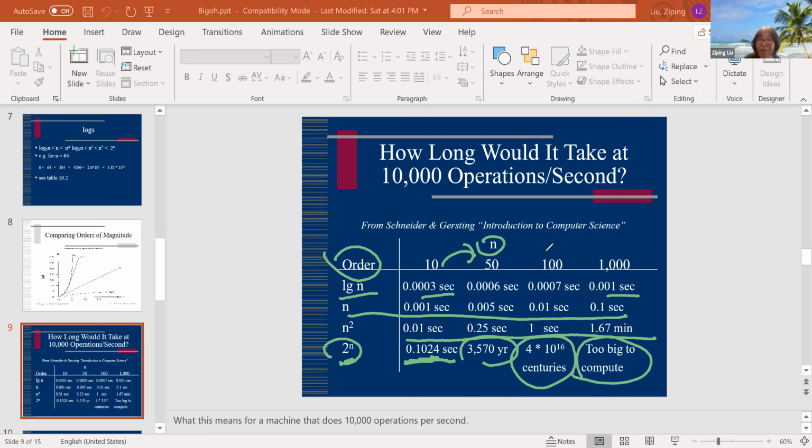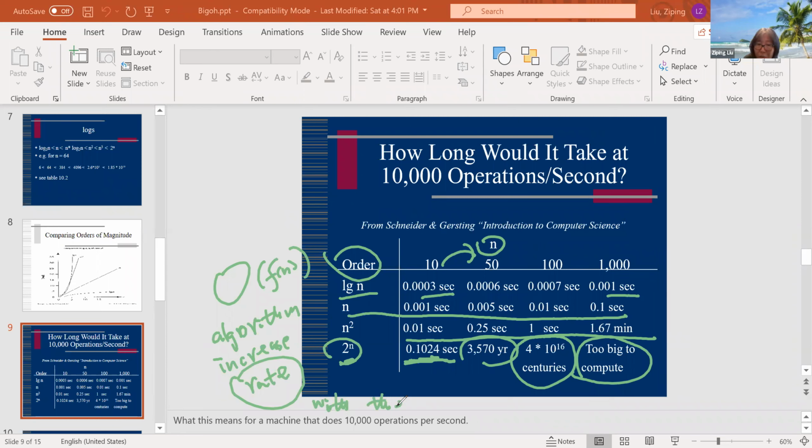So that's why we say big O cares about the algorithm's increasing rate with the increase of n.